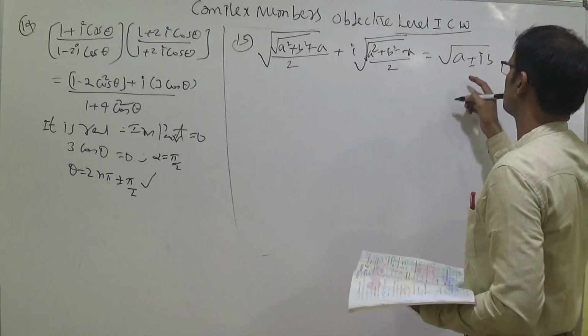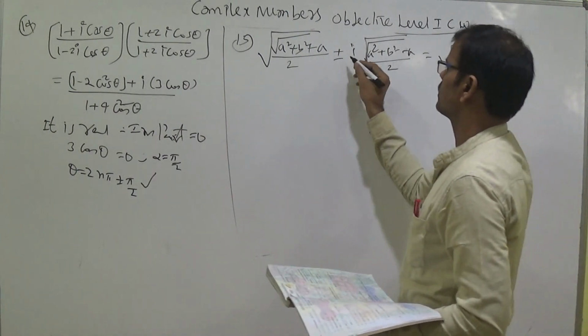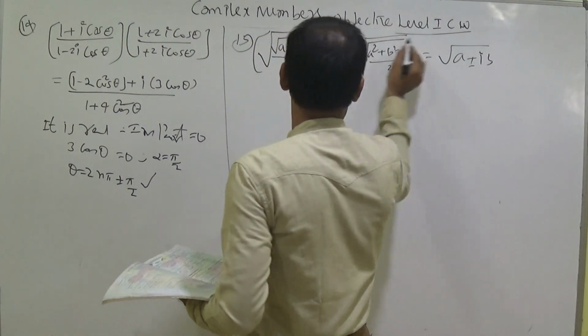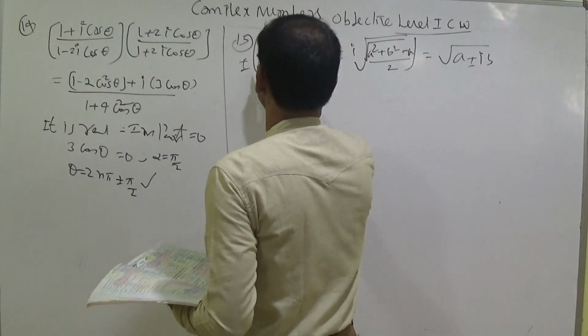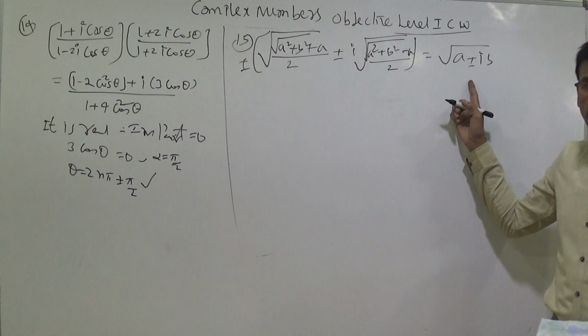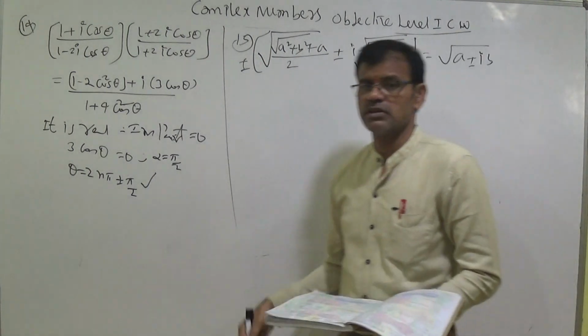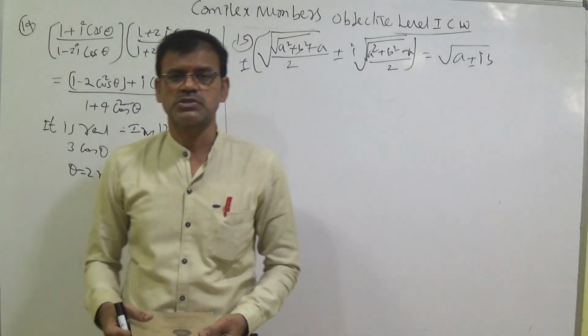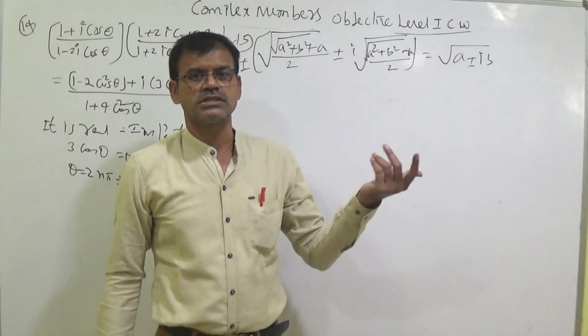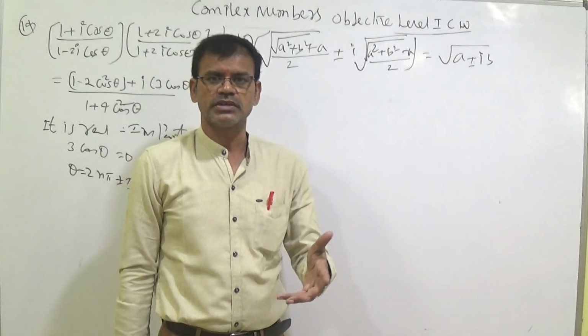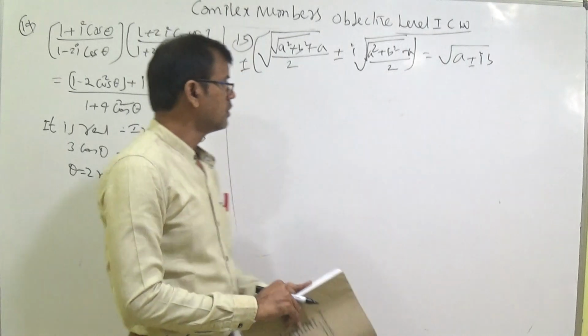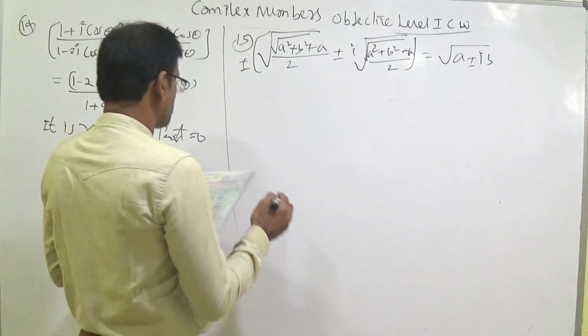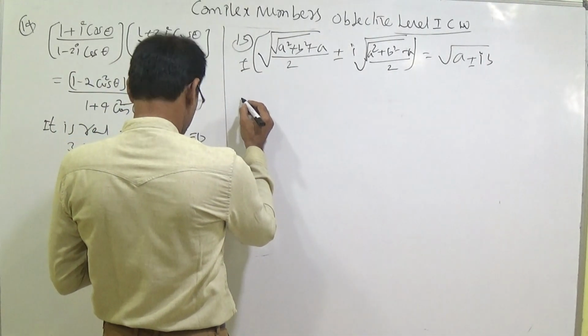Of course, if minus is there in the middle, you get minus here. So overall you can write plus or minus. Using this one, apply the formula for everything.